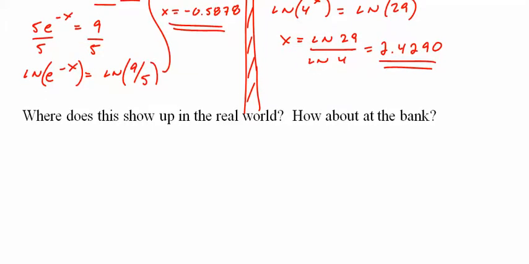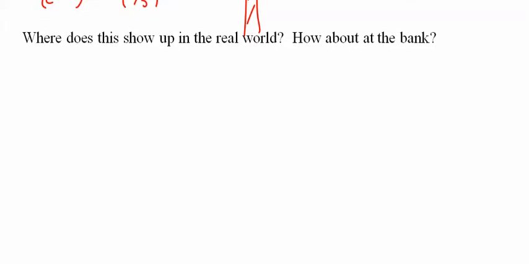So where does e show up in the real world? How about at the bank? Now here's the deal. You put $1,000 into the bank and you're getting, I'll keep the number real easy, 10% interest. Right about now your interest is about 0.01 or something insane like that.